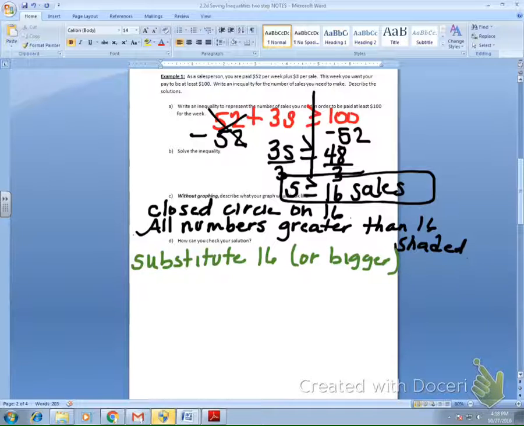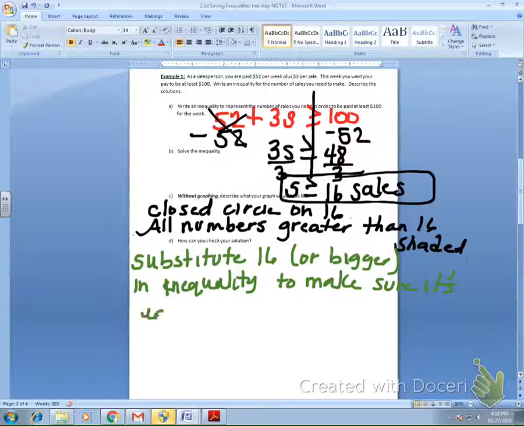So any number 16 or bigger into the inequality, to make sure it's equal to or bigger than 100. And that's how I check my solution.